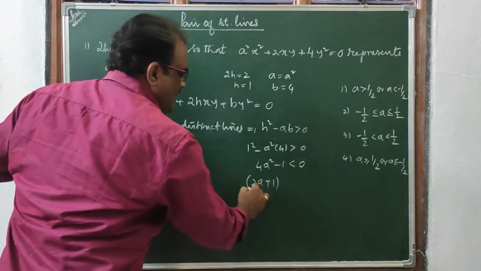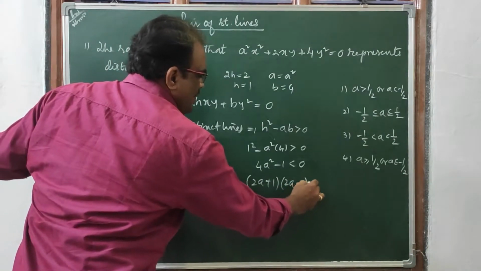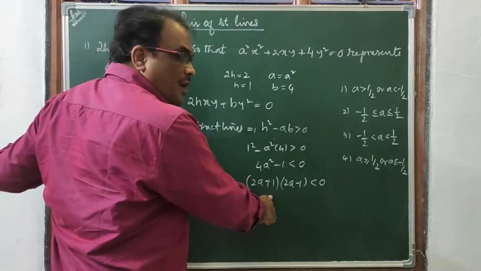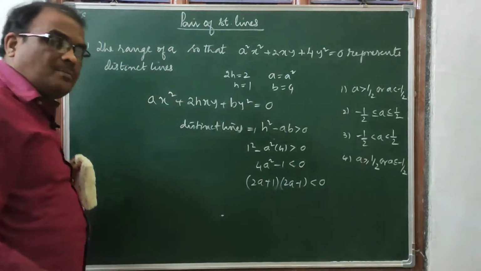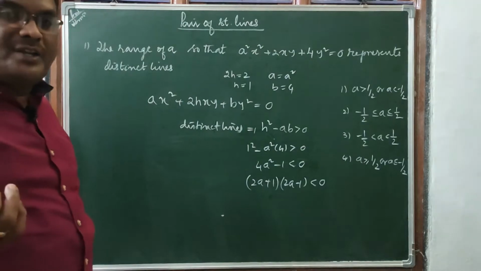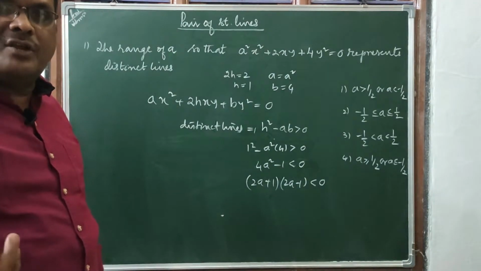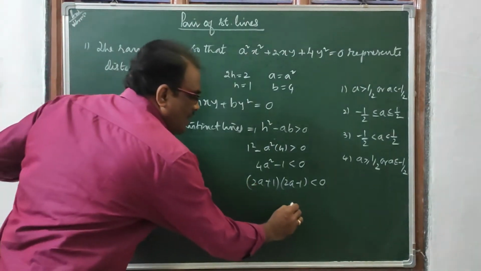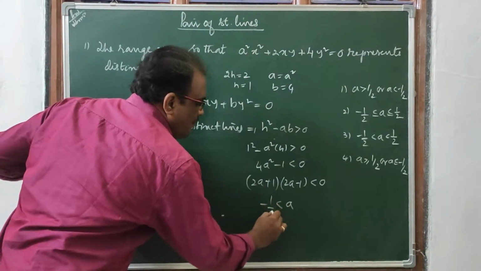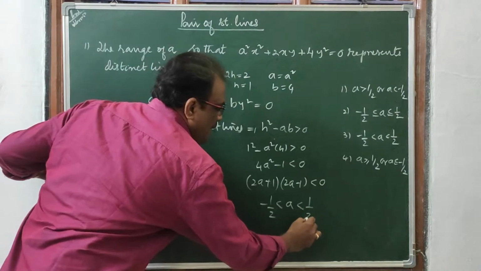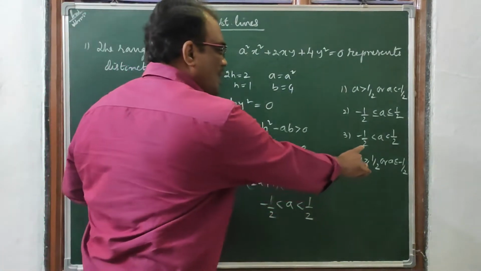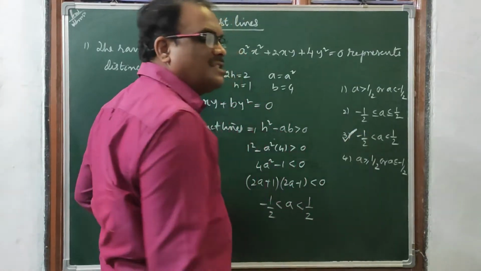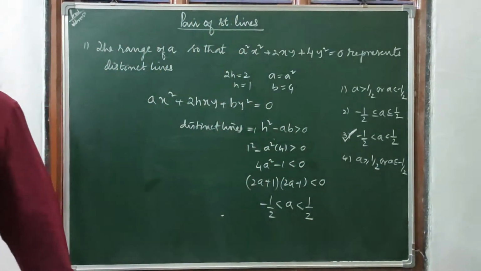This can be written as (2a + 1)(2a - 1) < 0. In quadratic expressions, if (x - alpha)(x - beta) < 0, then x lies between alpha and beta. So a lies between -1/2 and +1/2, which is the third choice.